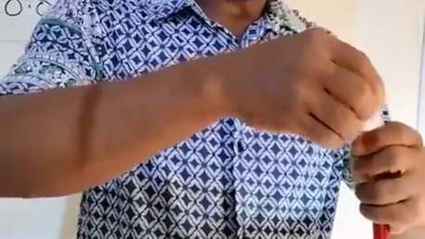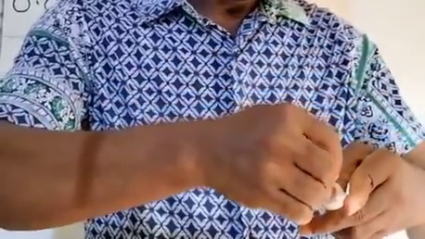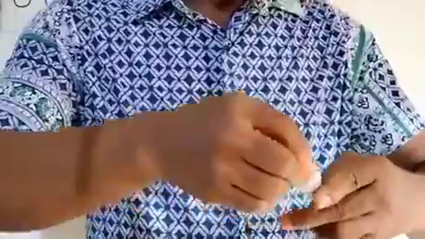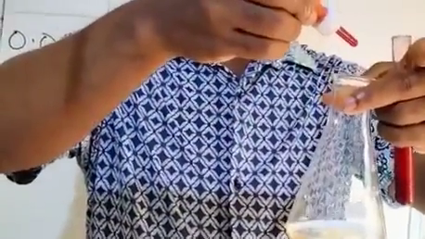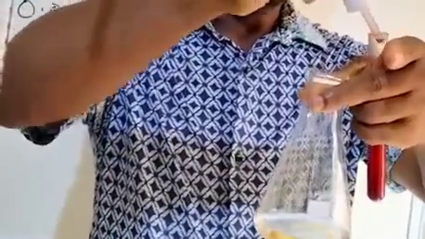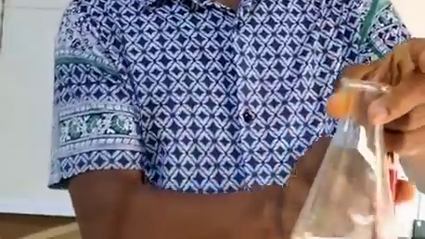Adjust the tip. So you take some indicator, bring your base, add 1 drop. Don't add more than 2 drops. You can use 2 drops, you can use 3 drops, but be consistent. If you're using 2 drops, use 2 drops all through the experiment.